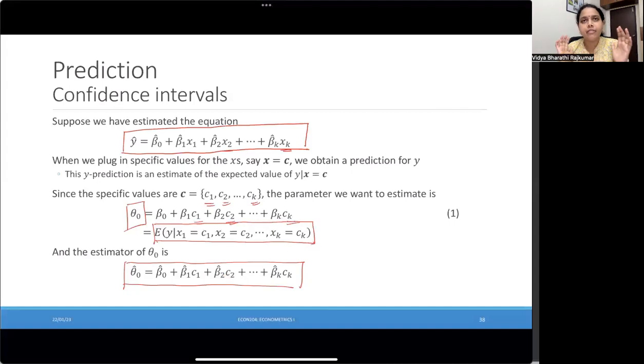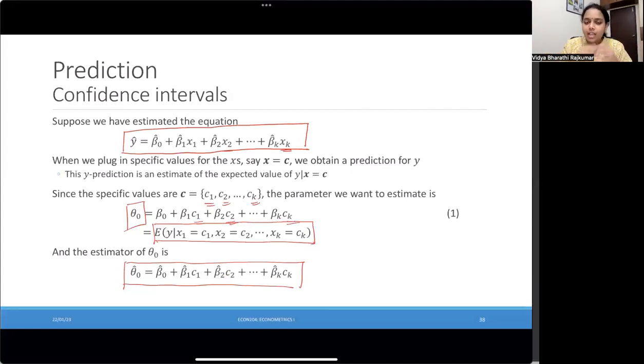So as a reader of this equation, if I want to know with what degree of certainty I can expect my theta naught hat to take on a certain value, meaning for some values c1, c2, and ck, I can predict a theta naught hat. But is there a range of values that I would expect my theta naught hat to take on in different samples?